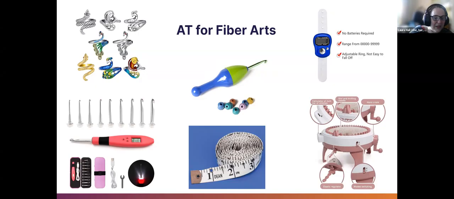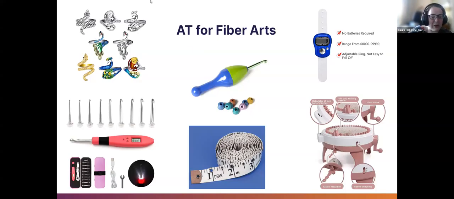Underneath that is a digital stitch counter. Apparently with knitting, you need to keep track of your stitches, and this comes with a digital stitch counter, including some ergonomic knitting hooks that are interchangeable.